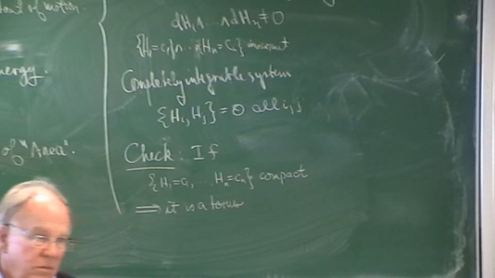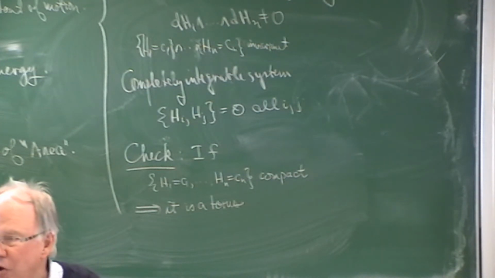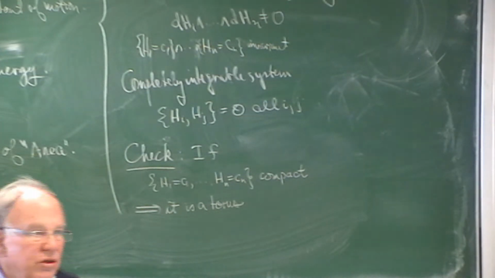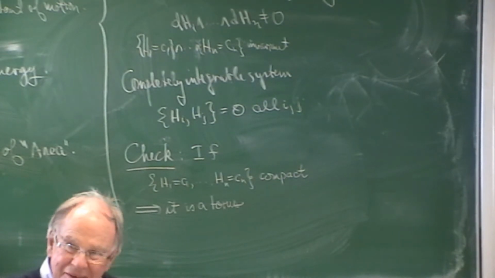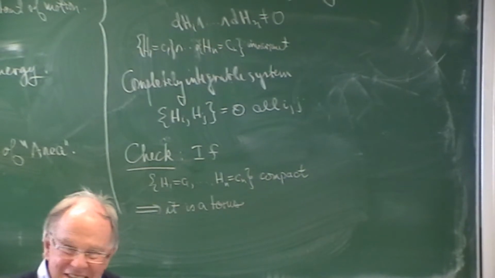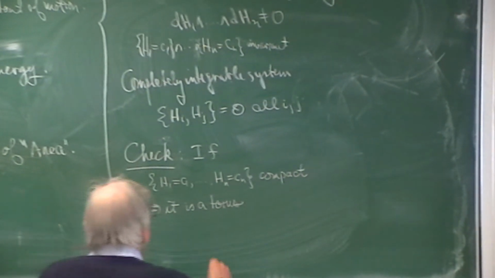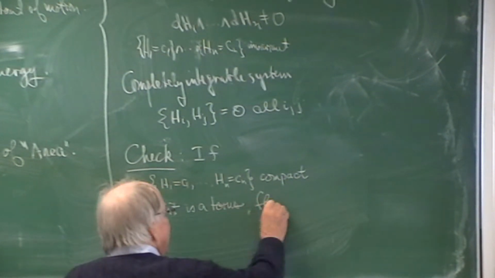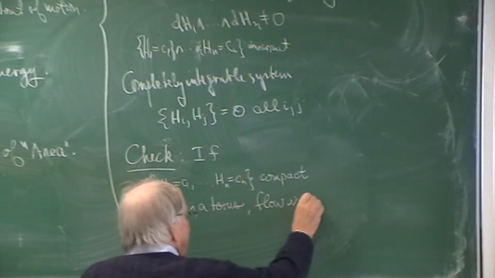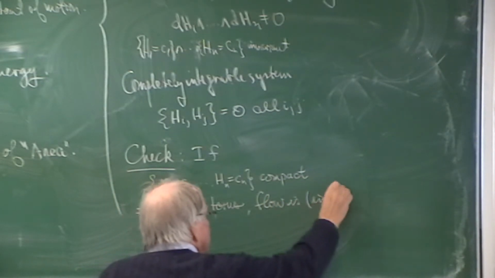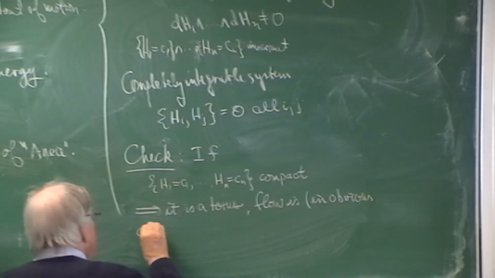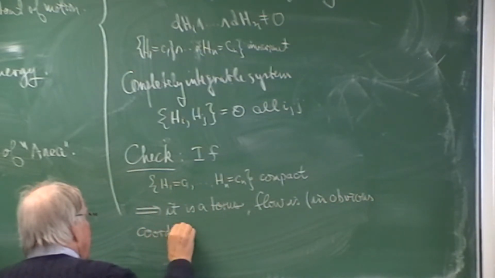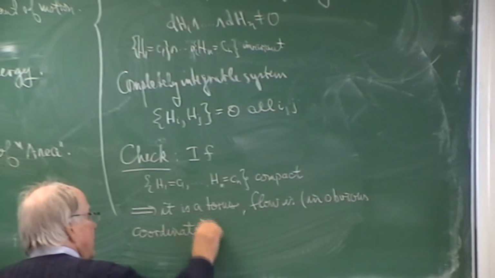You can check it. It's not hard. This is called a theorem of Liouville, but you can check it as a homework exercise if you want. It's a torus. And the flow in the obvious coordinates is linear.